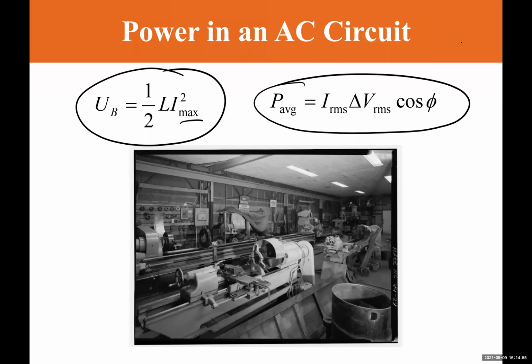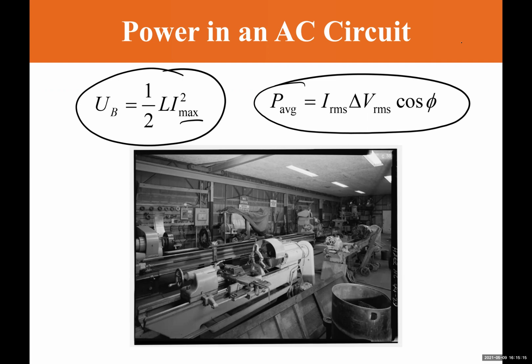And in this picture here, what we have is a factory that uses large motors in machines, generators or transformers, and they have a large inductive load. You can see those are basically a lot of solenoids, a lot of wires running together.